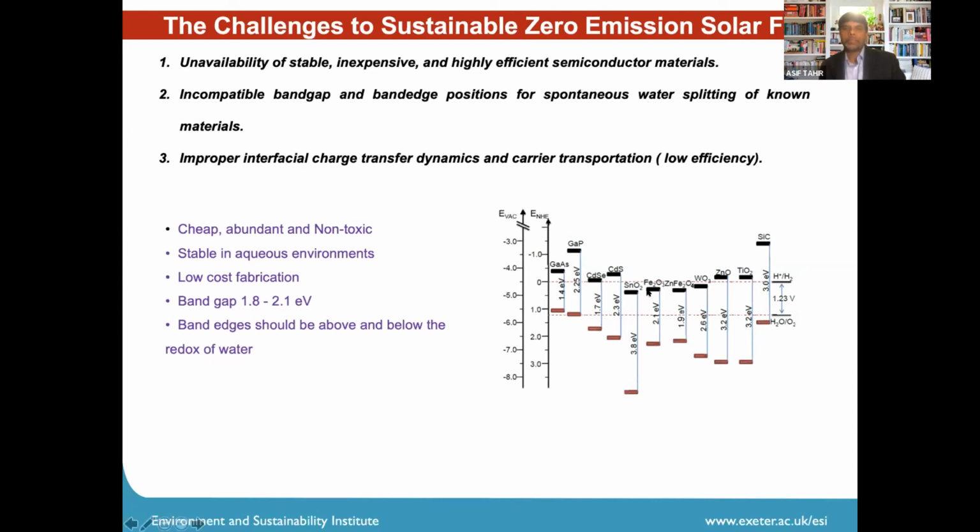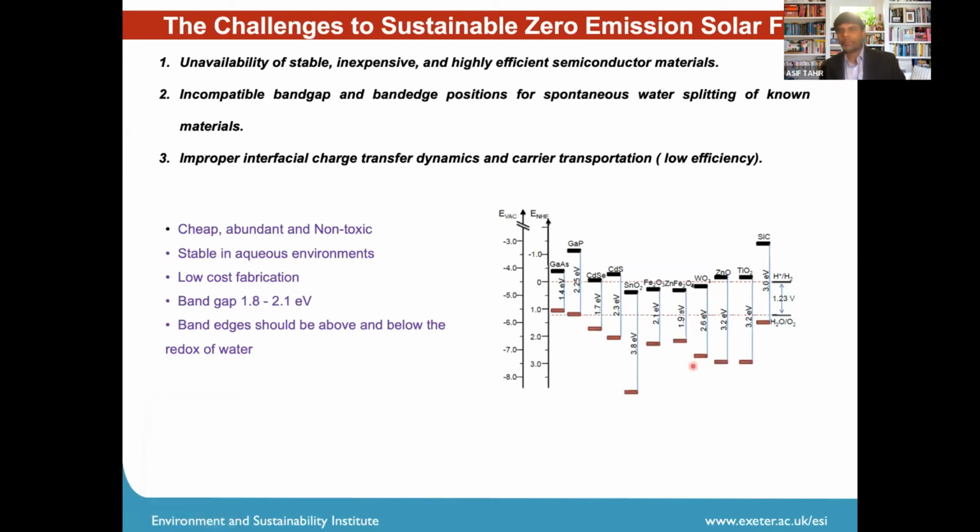If the conduction band is lower than that, the material will not be able to drive the hydrogen evolution reaction, though it can still drive the oxygen evolution reaction. And that also makes it another parameter.